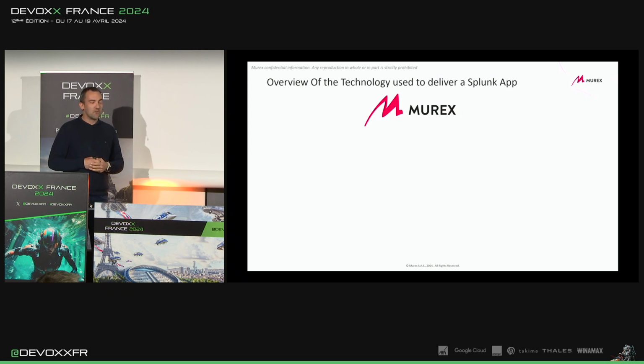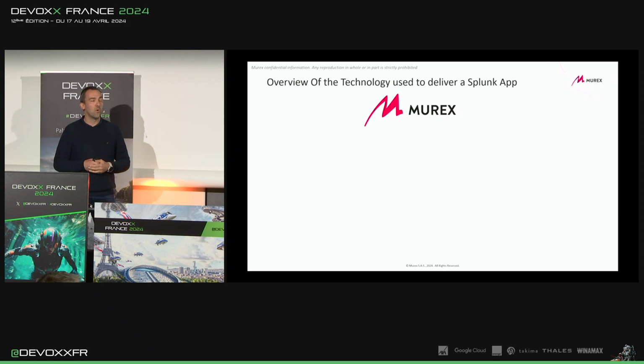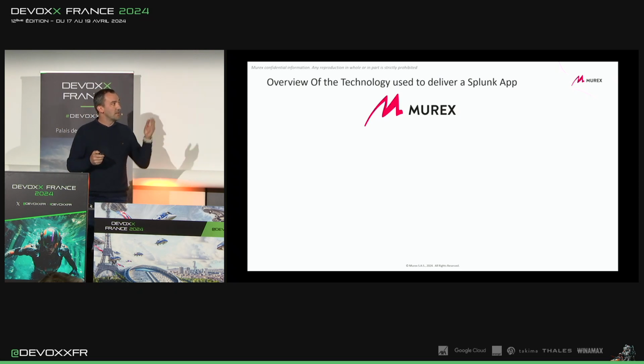So about 2 years ago, Murex had some questions, and the question was we wanted to monitor our very complicated financial IT software that gets installed in some of the biggest banks in the world, and we needed to monitor it better. So I'm going to briefly talk about these technologies and then jump into them deeper.